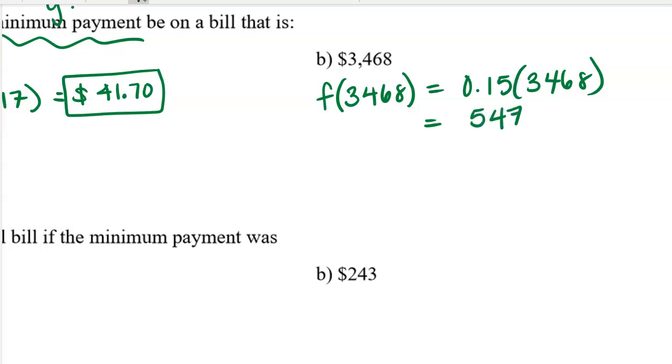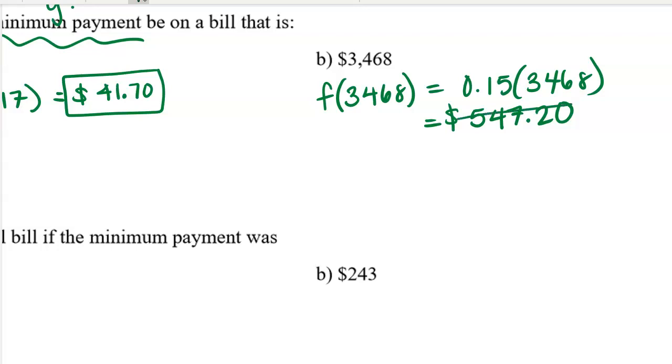$547.20. Confirm. Is that correct? Did we all get that? I didn't calculate this. I'm just gonna trust you guys. Everyone do it, please, so that way we can confirm Ethan's answer. Is the minimum payment $547.20?